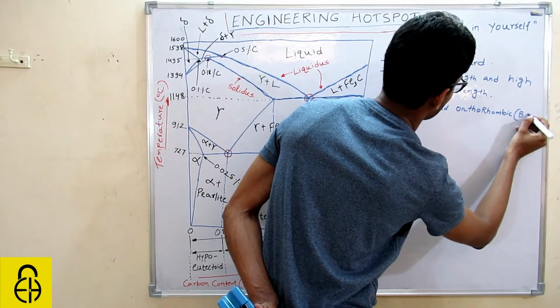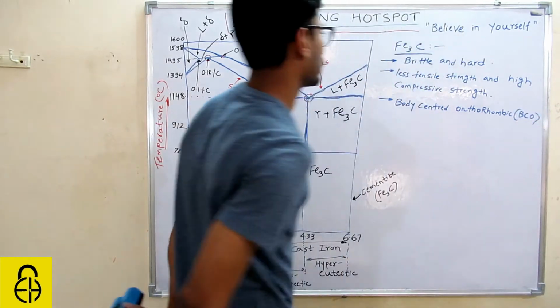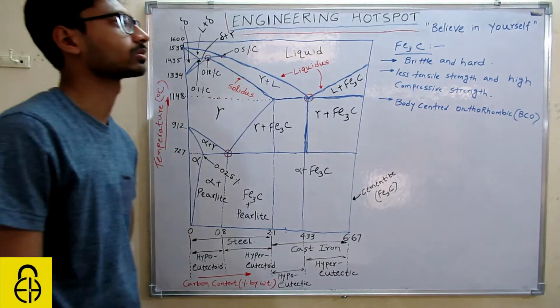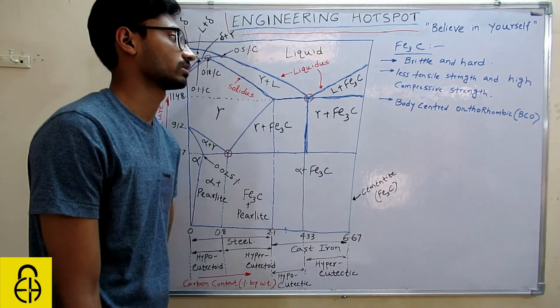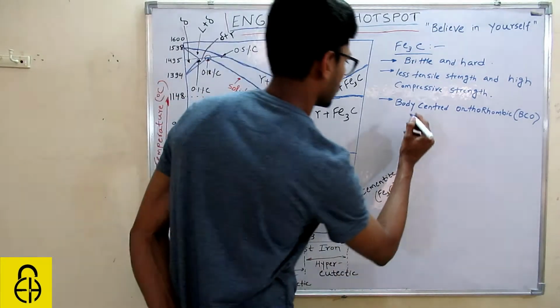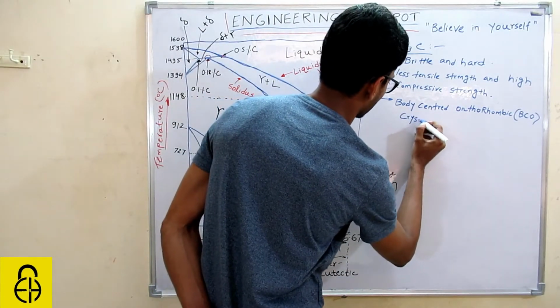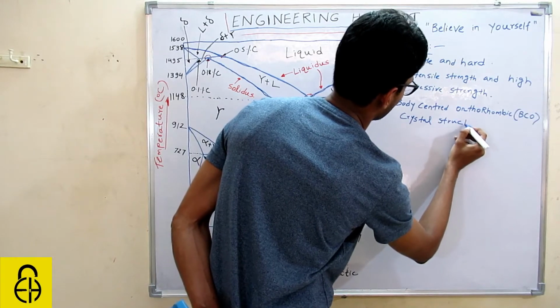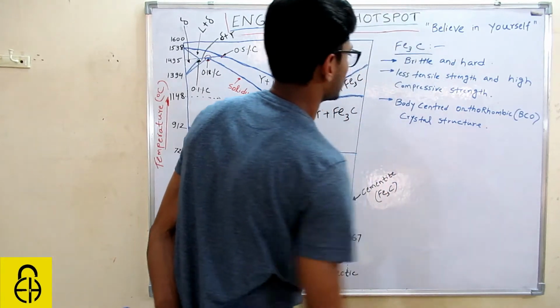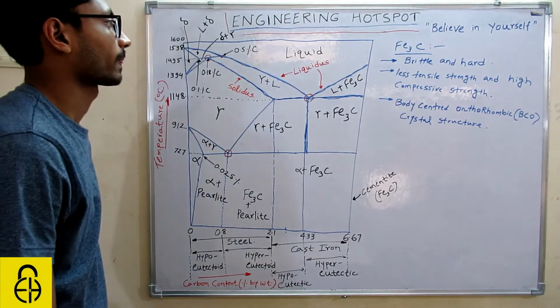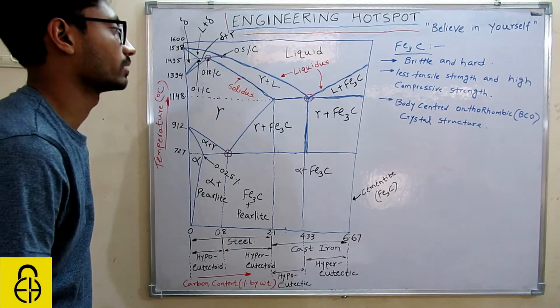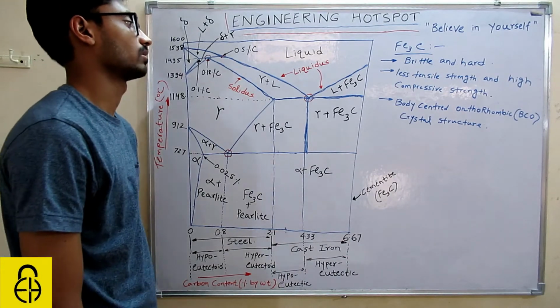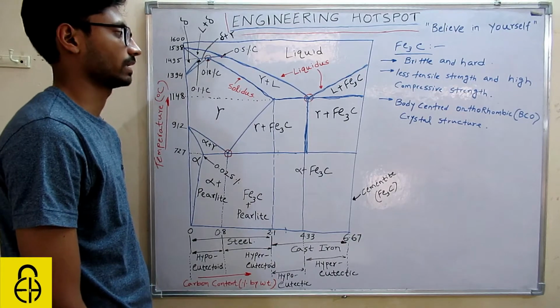BCO structure. If you want to know what is orthorhombic crystal structure, please mention us in the comment box. This is body centered orthorhombic, and it is very hard and brittle. It is a mixture of iron and carbon.